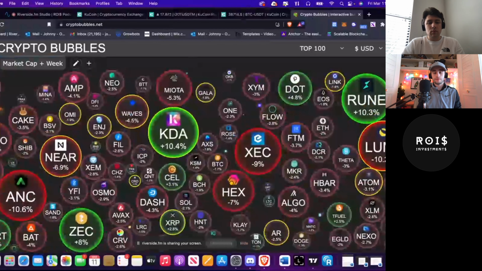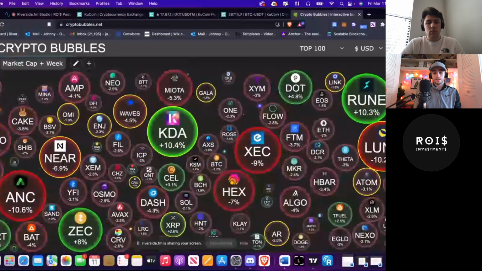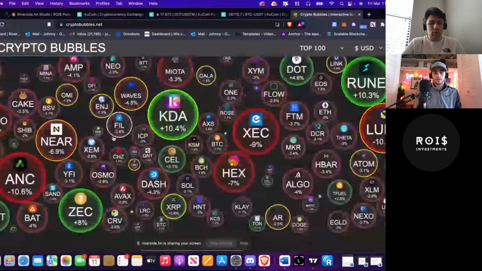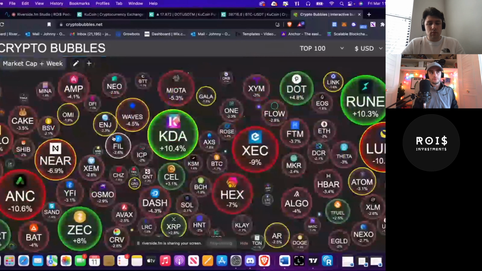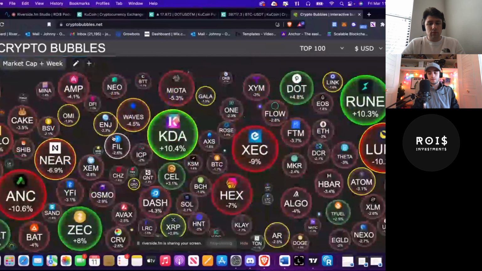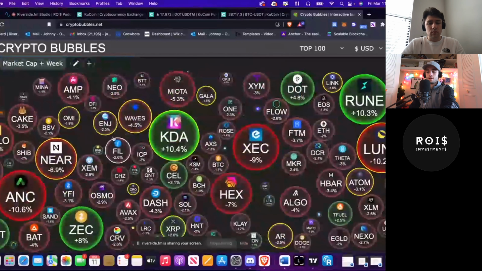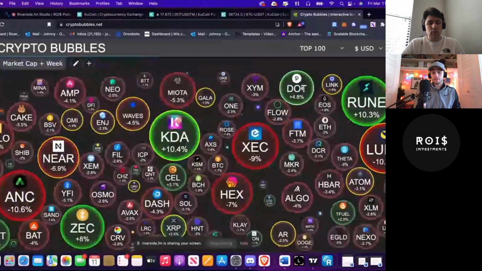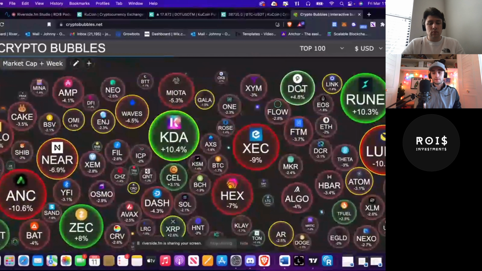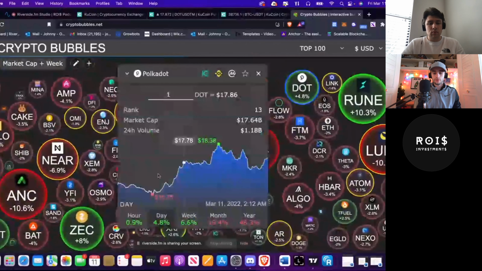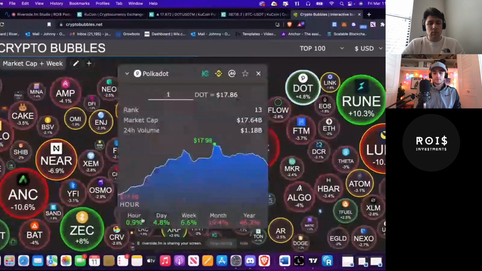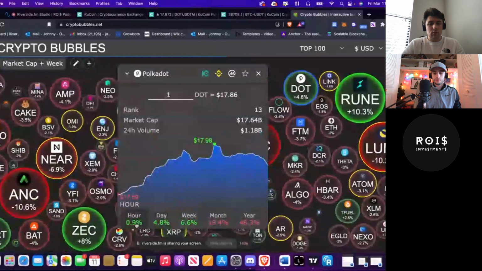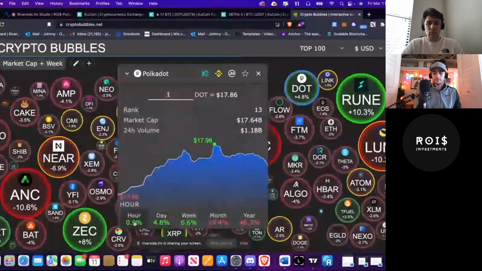For futures, I would choose the day, just because futures typically aren't a long-term investment. It's something you want to keep track of. And so the reason why I chose Polkadot today to do that long for is because I saw that based off of this chart, when I had put it in, it had been negative.